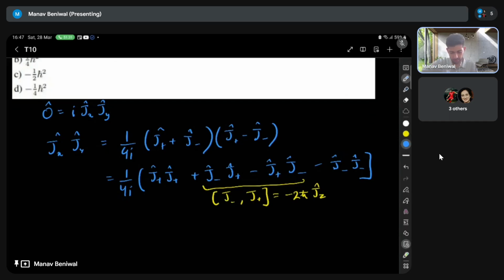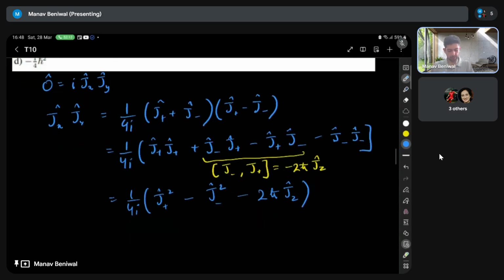So we have 1 by 4 iota, J plus squared, minus J minus squared, and finally minus 2h cut Jz cap. So this is the value of Jx Jy.